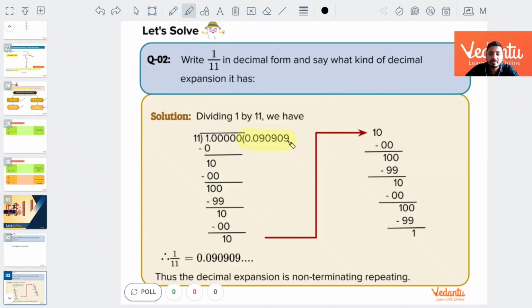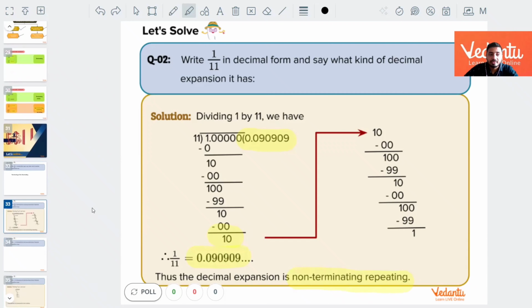It means it is non-terminating and repeating. See, the remainder keeps coming at the end, so it is non-terminating and repeating. Clear to each and everyone?